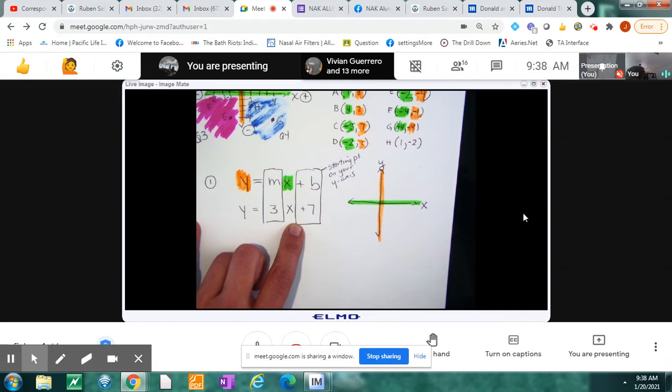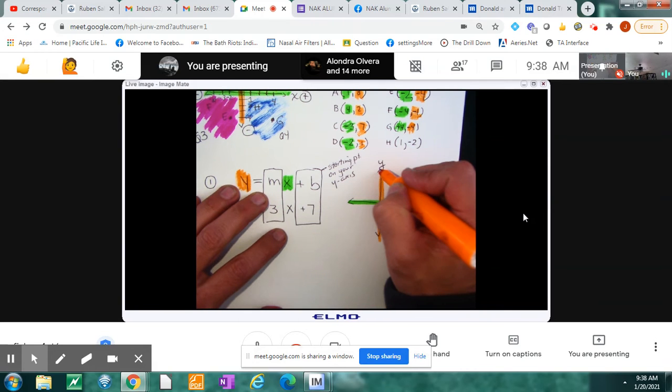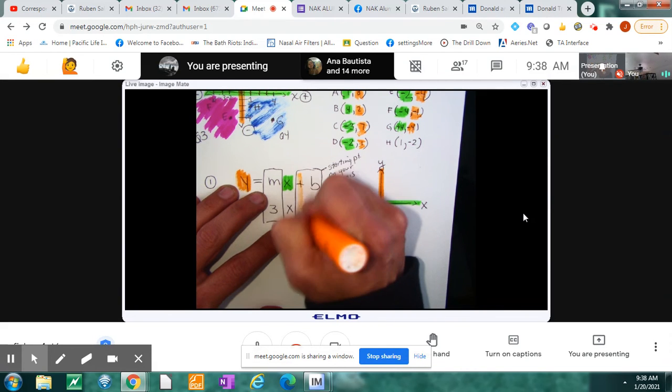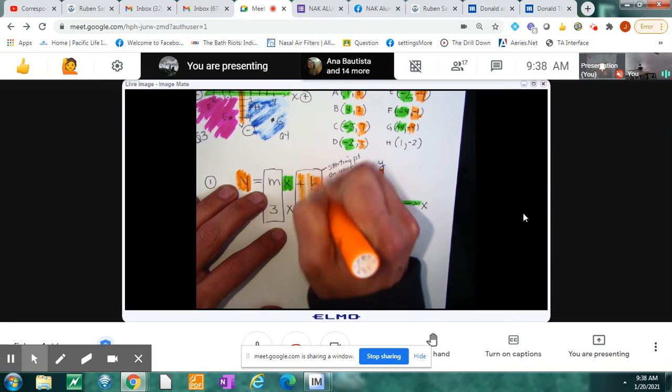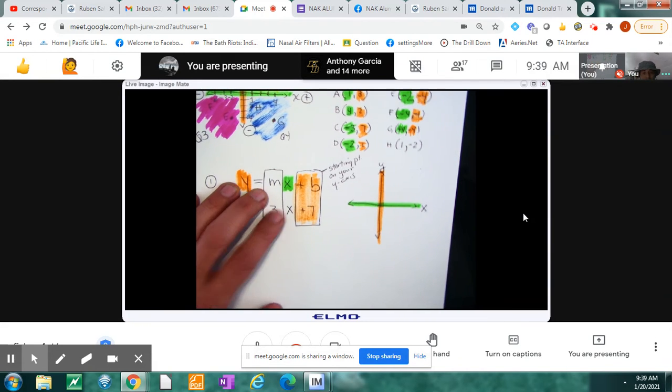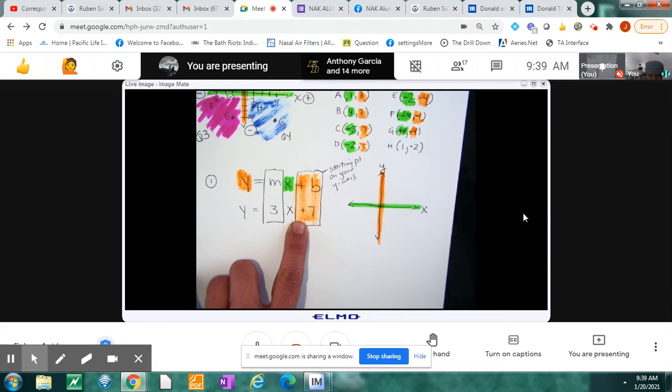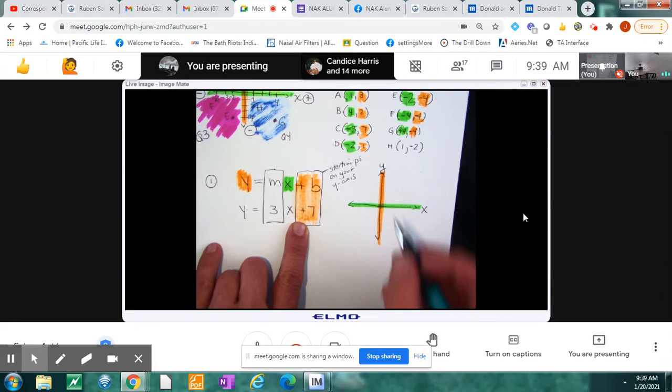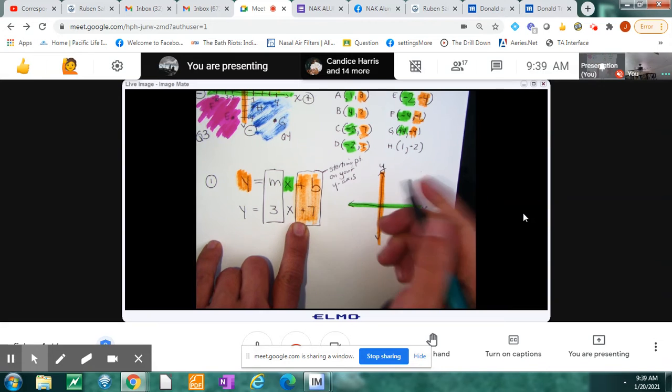Okay, so it's on your y-axis. So this number, you're going to have to look for it. Look for the 7. And remember, it's positive 7. So let's just create it.